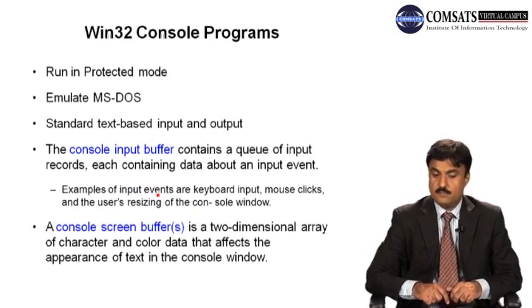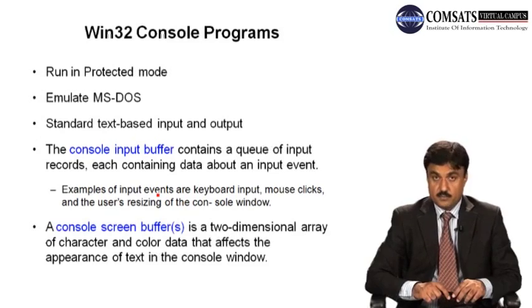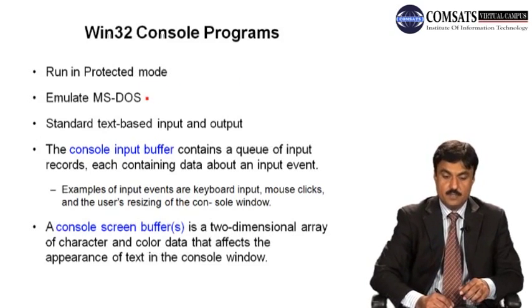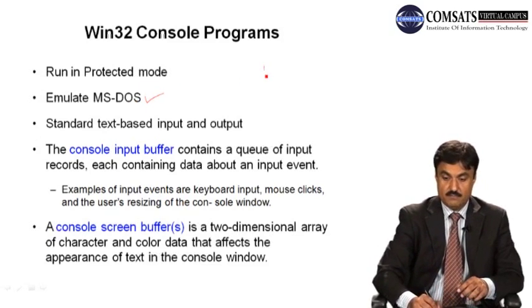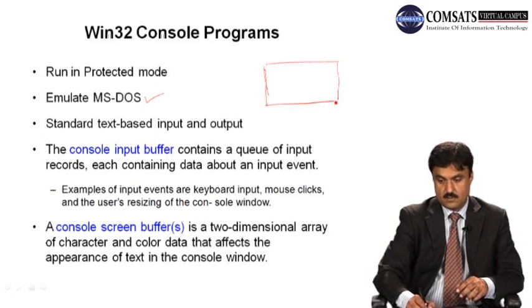Win32 console programs run in protected mode, the protected memory access mode, and they emulate MS-DOS. So we have the MS-DOS window, for example. It is an emulation of DOS, with minimize, close and so on.